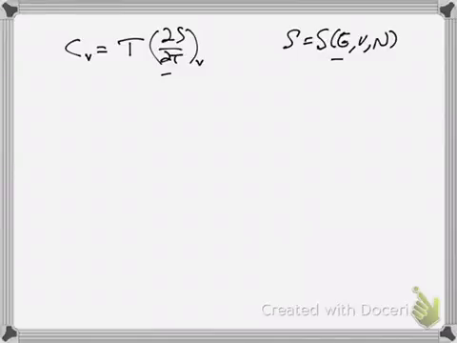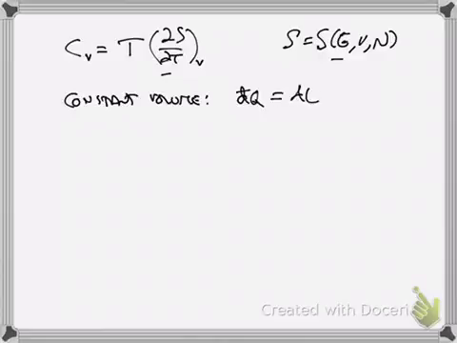Now we happen to know for the constant volume case, we're in good shape. We know that the amount of energy we're transferring via heat, because we're at constant volume and there's no work term, just has to equal dE. And from the first law, we know that this is basically just TdS.